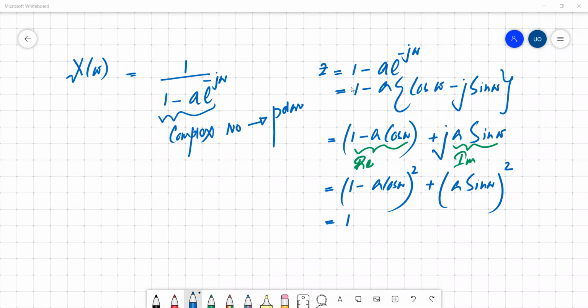So then this is 1 minus 2a cos omega plus a squared cos squared omega, and here we also have a squared sine squared omega, altogether a squared.